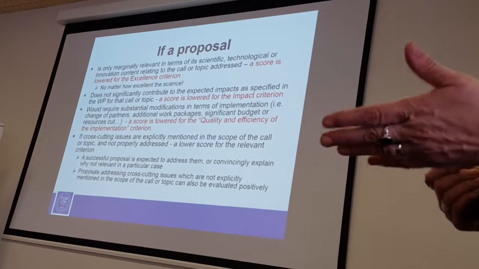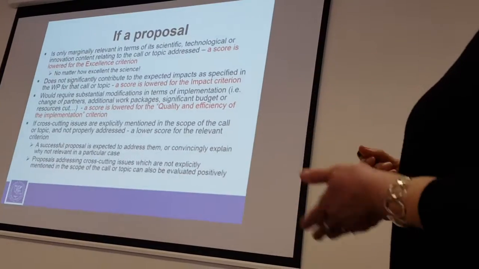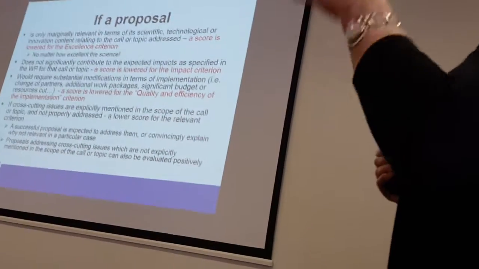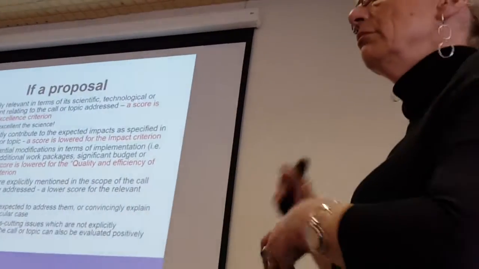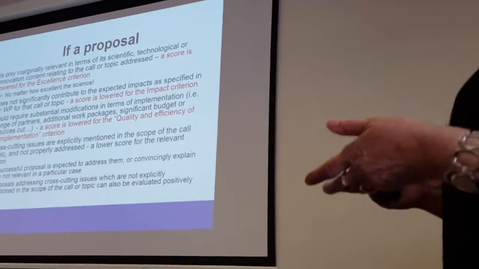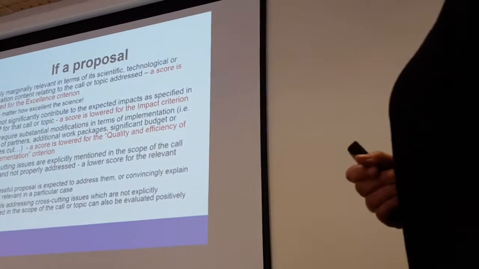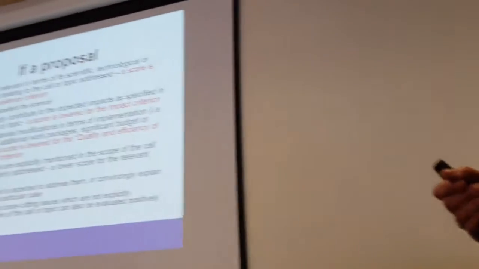If a proposal, because there is no negotiation phase, would require substantial modification in terms of implementation, either a change of partners or budget, then again the evaluators are asked to lower the score for the quality and efficiency of the implementation criterion.